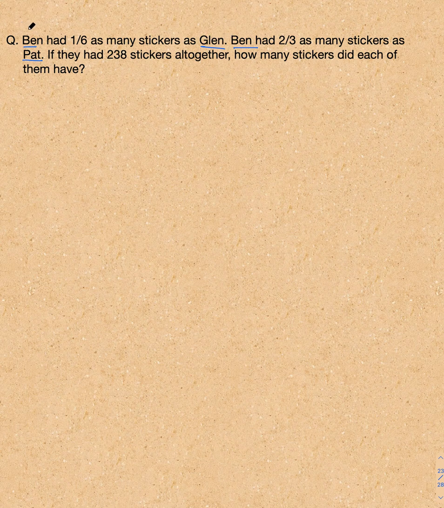So we can say if Ben is 1 unit, Glenn will be 6 units. Now how about here? Ben had 2 by 3 as many stickers as Pat. So here Ben is 2 units and Pat is 3 units. The important thing to notice here is that Ben is repeated twice.